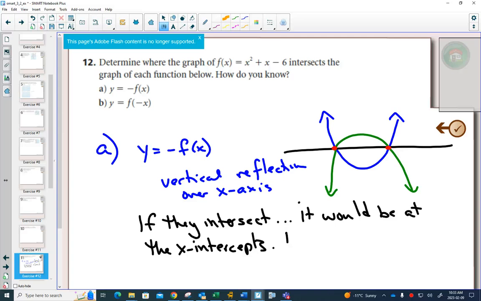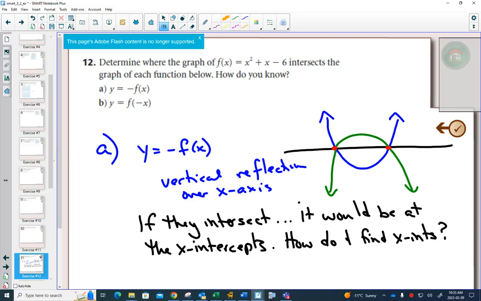And my brain would automatically ask myself, how do I find x-intercepts? Is that something I know how to do? Yes. I've done that before.